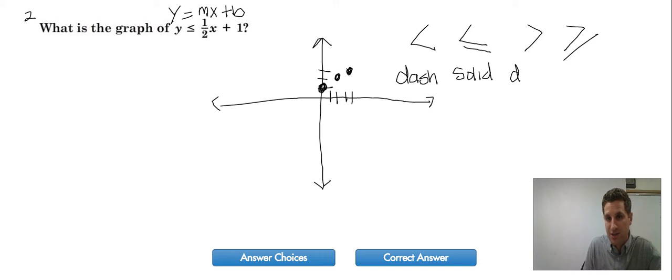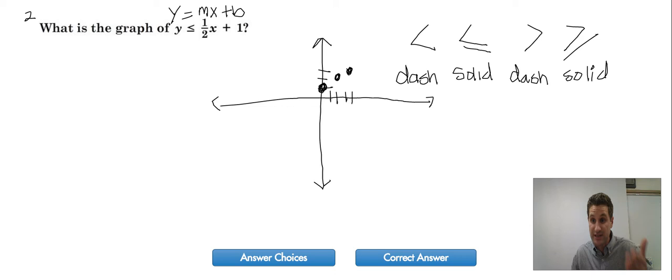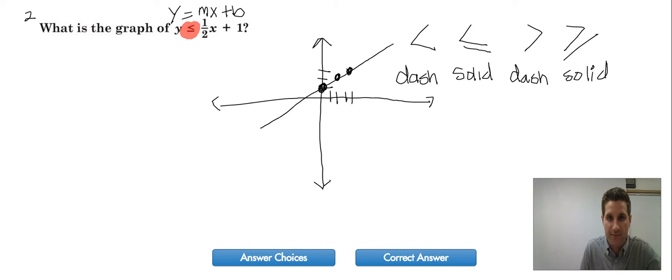This is dashed, and this is solid. So first we have to ask ourselves, am I going to have a dashed line or a solid line? I see that there's an equal bar on this one, so we're going to look at this sign right here. And there's an equal bar there, so that means I must have a solid line. So I'm just going to go ahead and draw a solid line.